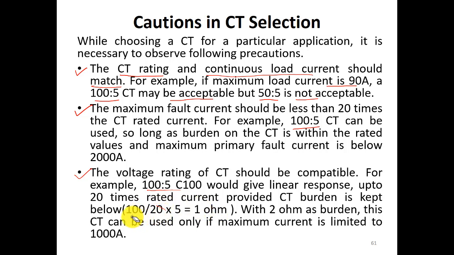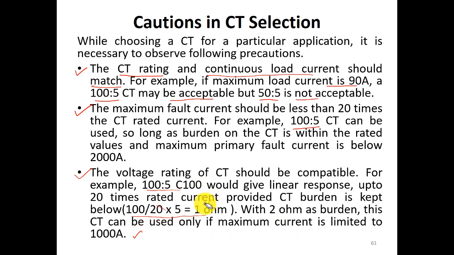If we calculate the CT burden, you have already seen this type of example. For a C100 CT with a CT ratio of 100:5, the burden will come to 1 ohm. With 2 ohm as burden, this CT can be used only if the maximum current is limited to 1000 ampere.